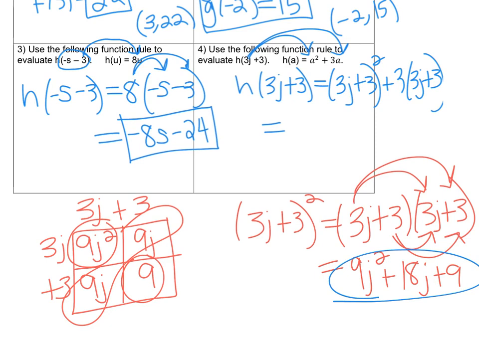So I'm going to write that back up here, 9j squared plus 18j plus 9. And then we need to add on the rest of this expression. So I need to distribute out this 3. So 3 times 3j would be 9j, and then 3 times 3 is 9.